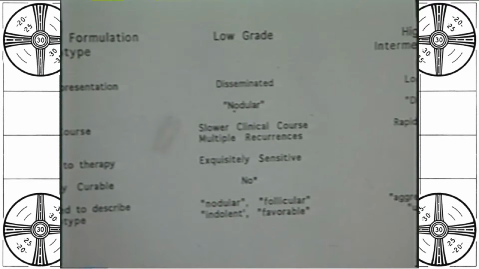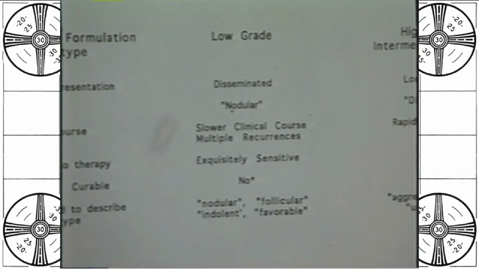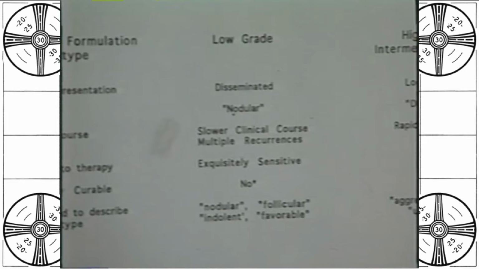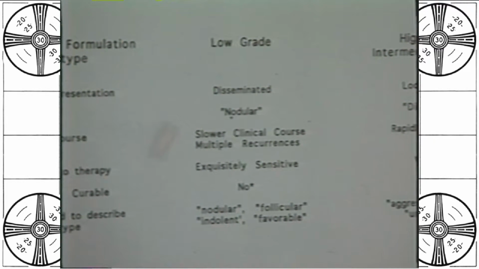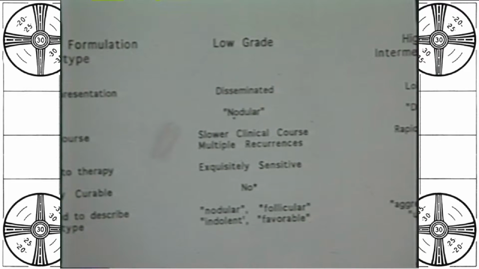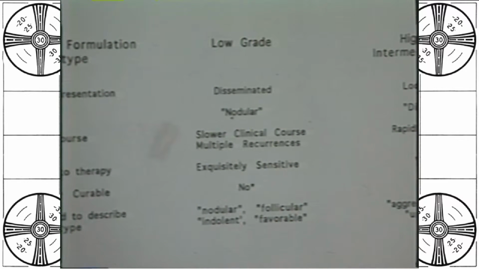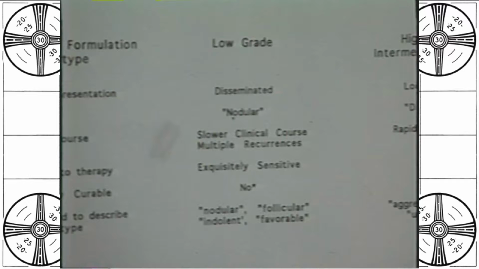I don't like the term indolent, I must say right away. If they tell me I have lymphoma, I would be pretty upset. Even if they tell me it's a low grade, oh, okay. This is not a cold.